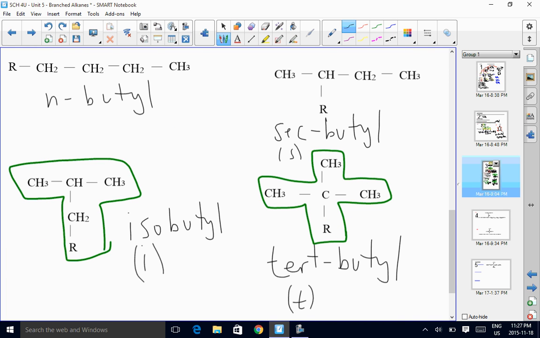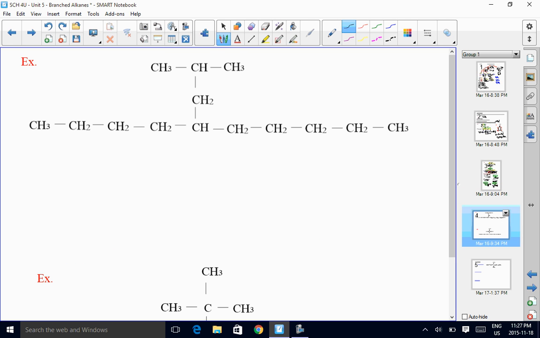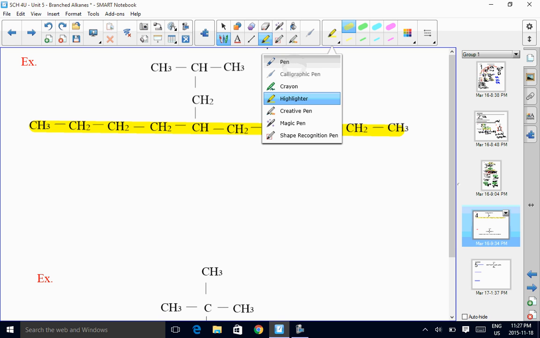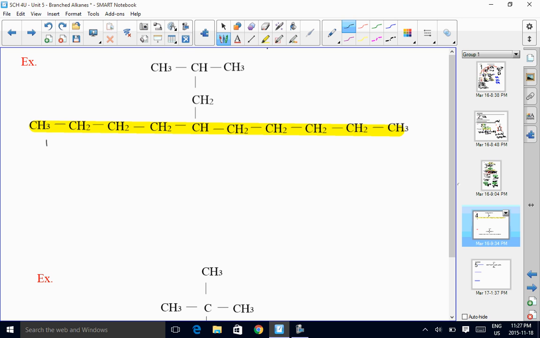Let's go through some more examples right here. Okay, so let's try this one. Now, the longest chain has to be going across like this. So let's number it.